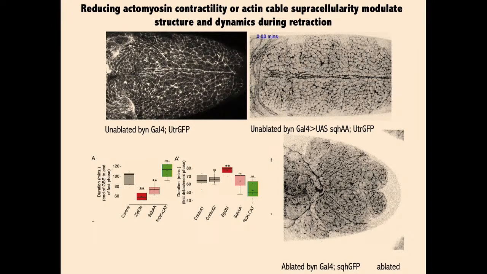This told us that this kind of organization acts a little bit like a brake or a dampener that prevents this tissue from moving backwards at too high a speed, and we're still trying to work out how this organization might actually act as a dampener.